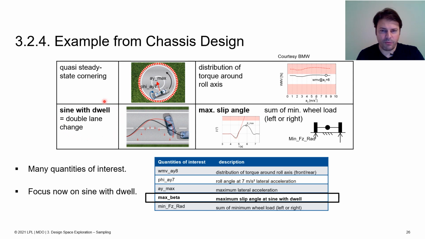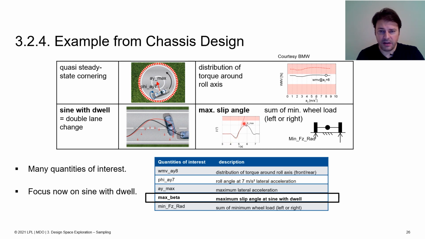But what we will consider here is the so-called sine withdrawal maneuver, where you perform a double lane change, and your design goal is that the vehicle does not lose driving stability, and we will measure this by a quantity of interest which is called the maximum of the slip angle. Okay, so this would be the most important quantity of interest.